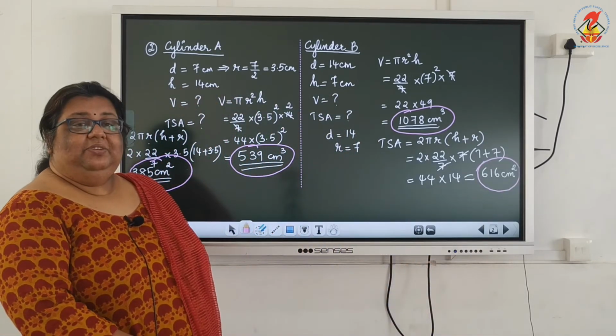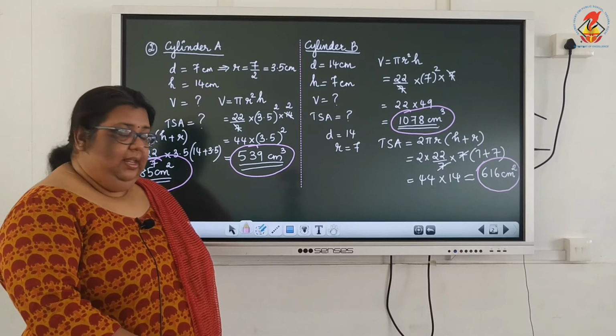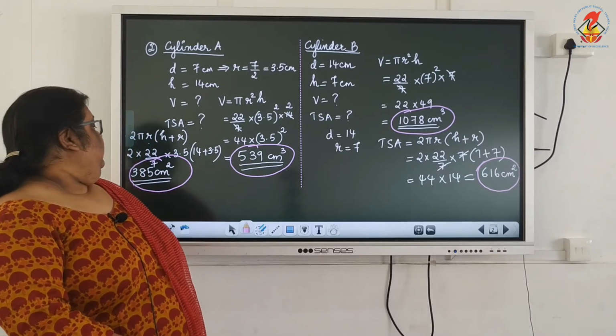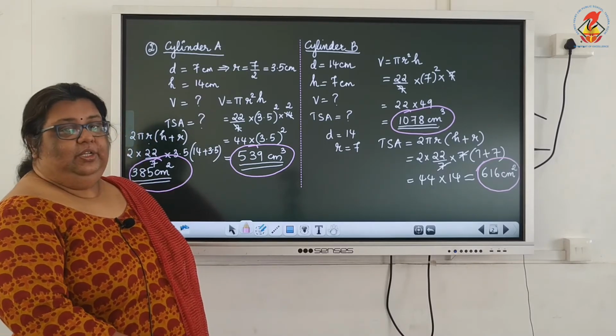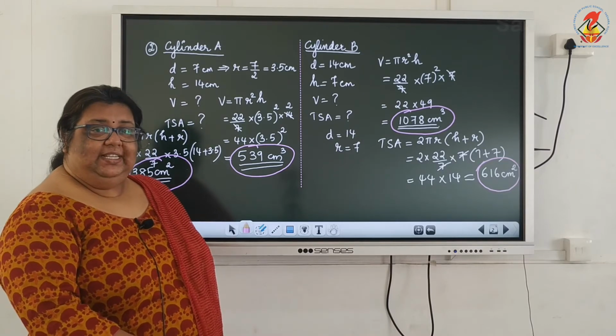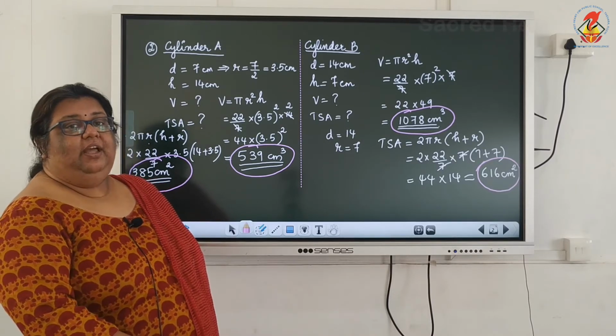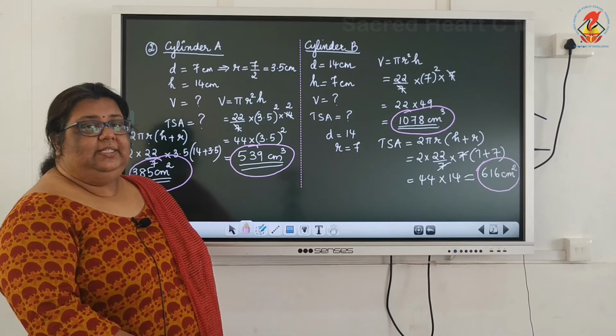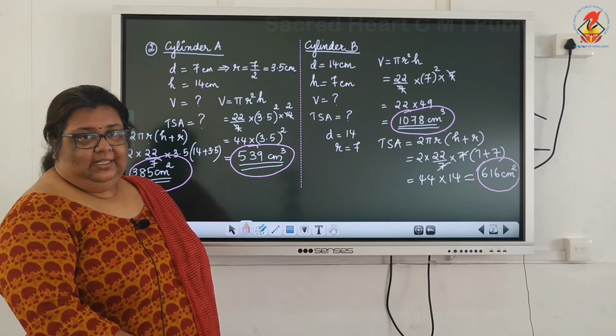So the cylinder which is having greater volume has got a greater surface area also. You have to write that in a sentence. Surface area and volume of cylinder B is greater than cylinder A.